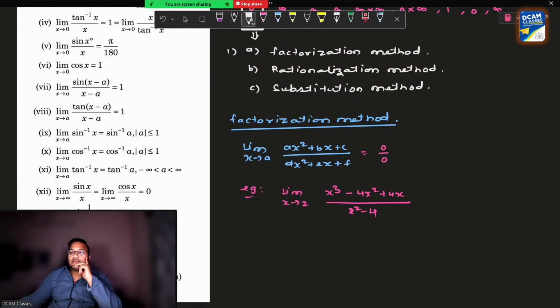Just try to put the value of 2 here and see whether we are getting 0 by 0 form or not.